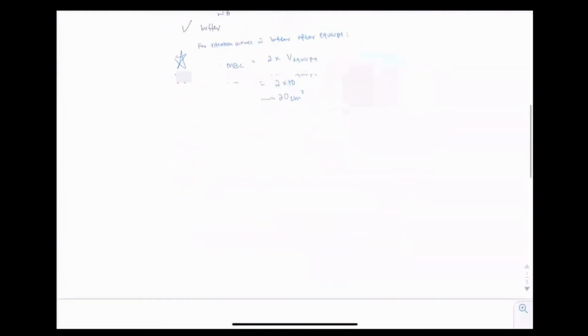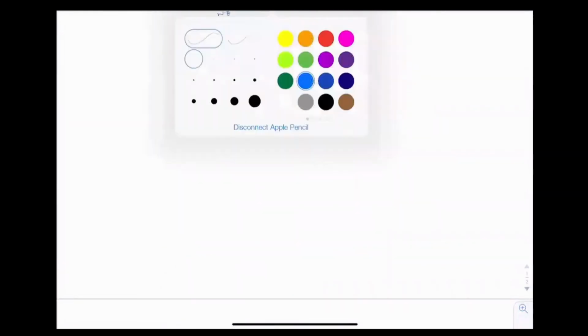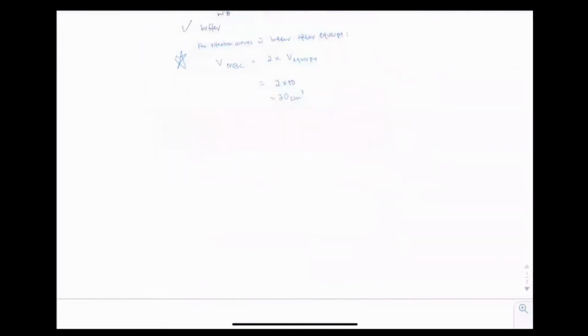However, this is actually quite rare, right? The one that we more commonly deal with is when I have something strong in the burette and I add it to something weak in the conical flask. Let's just explore this.